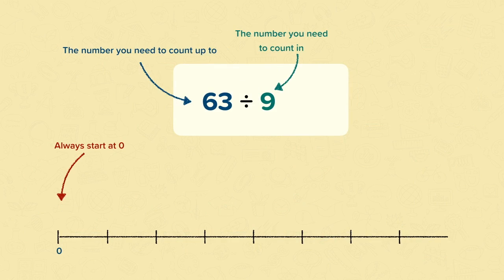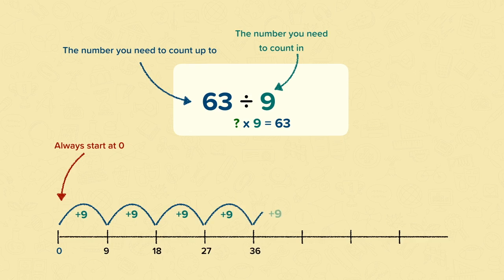This time 63 divided by 9. So if we're using a number line, we need to count up to 63 and we need to count in 9s. So we start at 0, add 9, get to 9. 18, 27, 36, 45, 54 and 63.